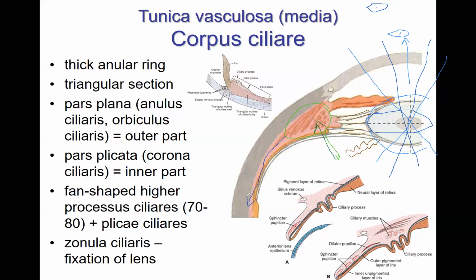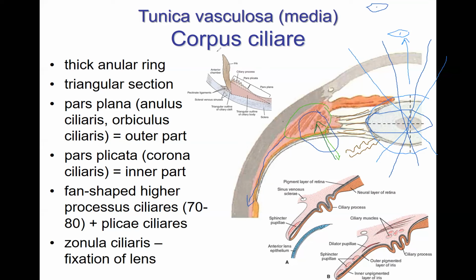Question: why does the corpus ciliare move backwards when it contracts? It's because of the shape of the fibers. The shape of the fibers altogether moves it this way. That's why I told you it's a complicated meshwork, and we do not go into details of the fibers, but it is like that. If it contracts, it moves this way.